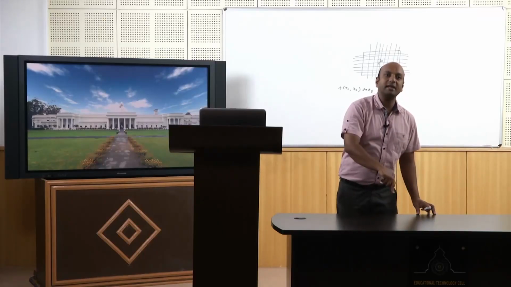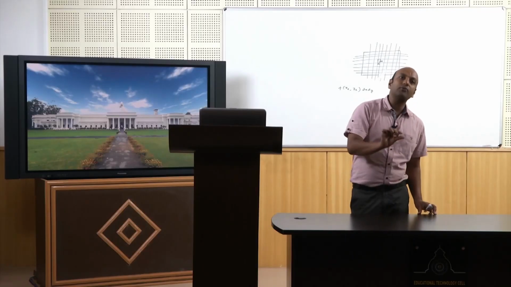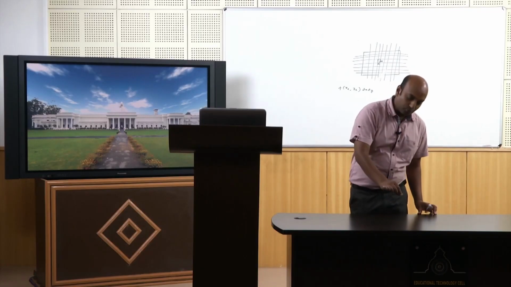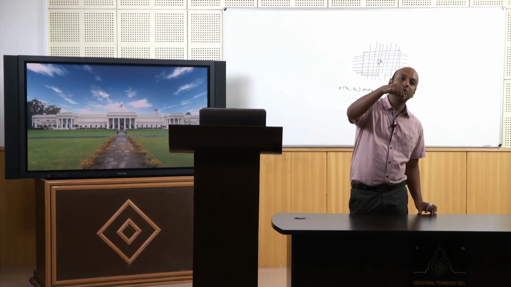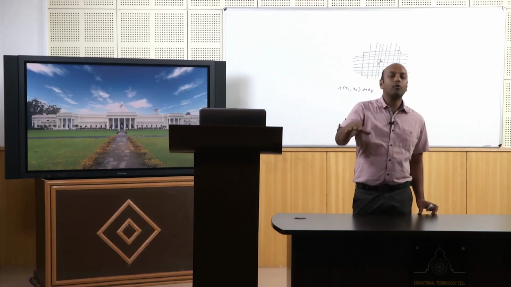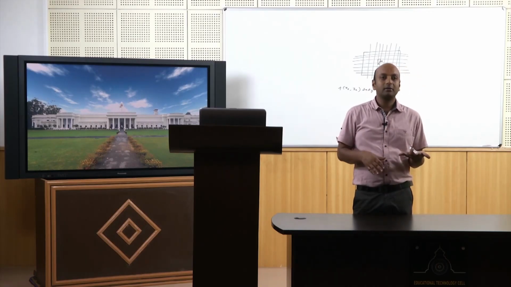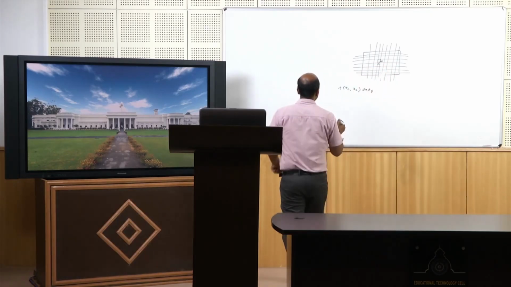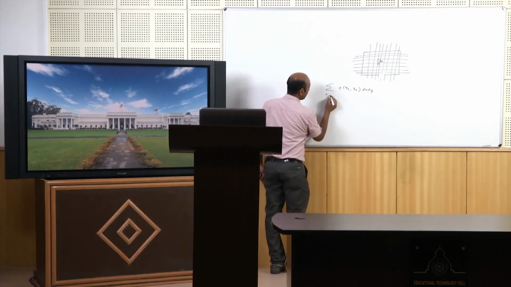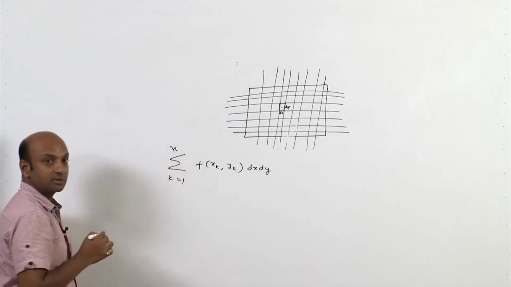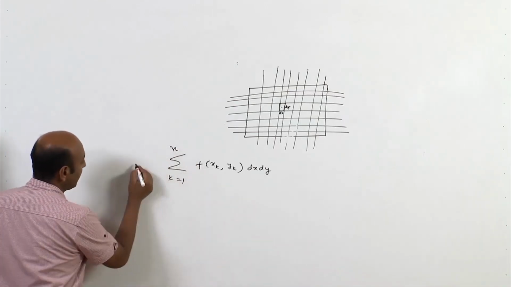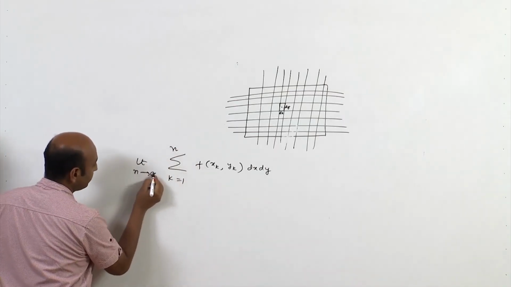So f into dx dy will give the volume of that small portion, and you sum it up over the entire rectangle, k from 1 to n, say n number of strips, and then take the limit n tends to infinity.